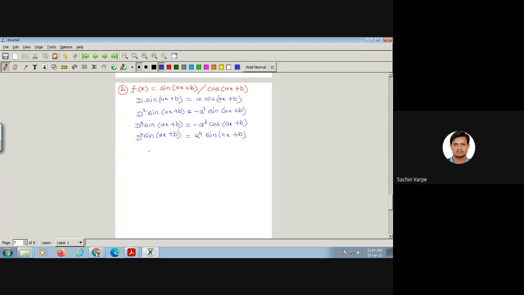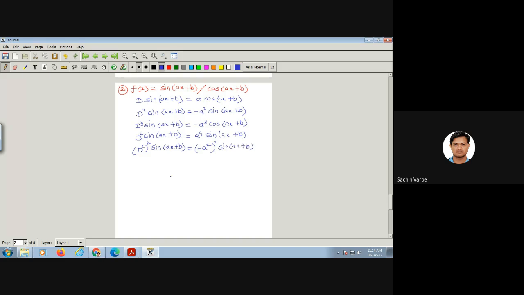Right? So if you observe this, I can write this D raised to 4 as D square the whole square sine of ax plus b. And on the right hand side, I can write a raised to 4 as minus of a square the whole square sine of ax plus b.